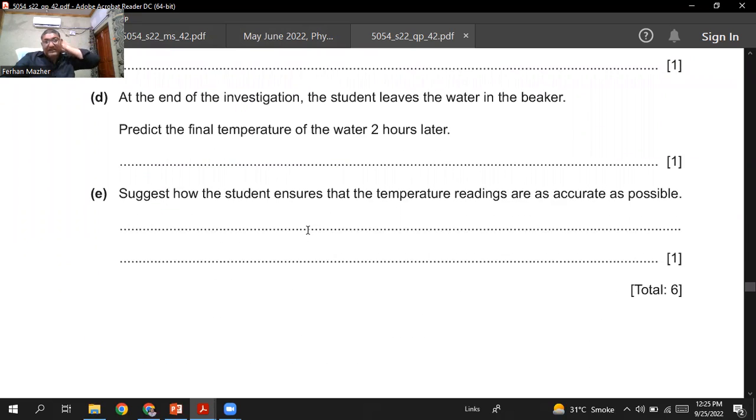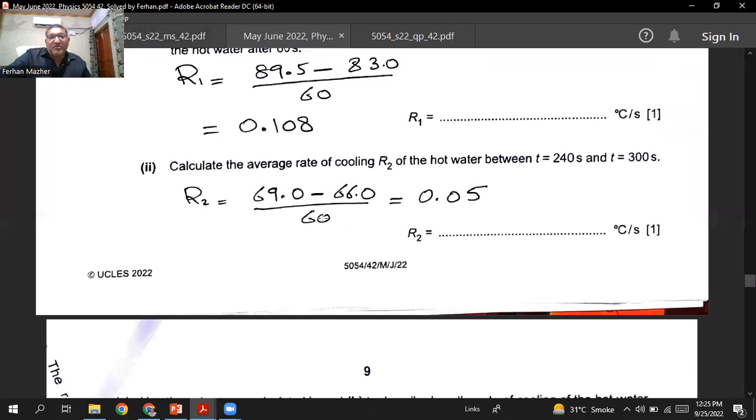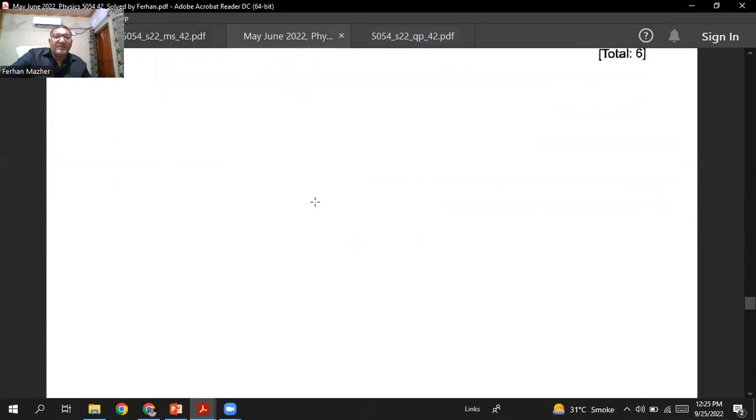Okay, so we are done with this question. The last part is, suggest how the student ensures that the temperature readings are as accurate as possible. So you can use a digital thermometer. We are done with this question.